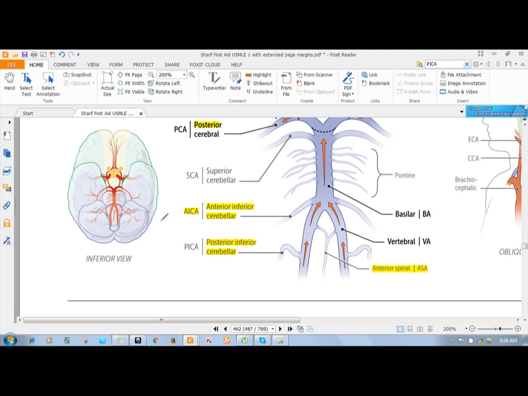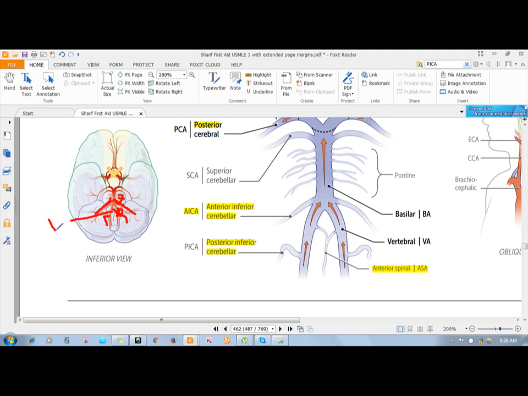One of the most important cranial nerve nuclei in the pons is, as you can already remember, the 7th cranial nerve nuclei. So whenever you have damage of your anterior inferior cerebellar artery, you are going to damage your 7th cranial nerve nuclei. And whenever you damage your posterior inferior cerebellar artery, you are going to damage your 10th cranial nerve nuclei lying on the lateral part of the medulla.